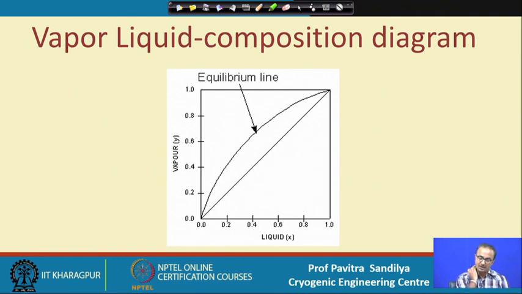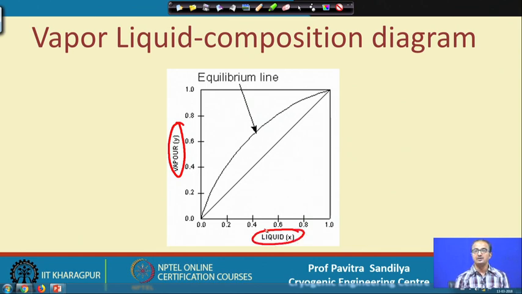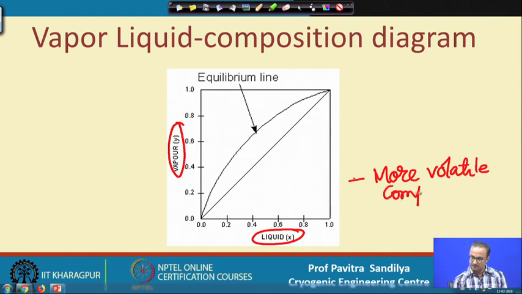So what we are doing here is representing the composition diagram, and in this we are putting on the y axis the vapor composition, which is given in terms of y, and on the x axis we have the liquid phase composition, represented by x, and this is applicable for the more volatile component, by which I mean the component which can go to the vapor phase more easily.